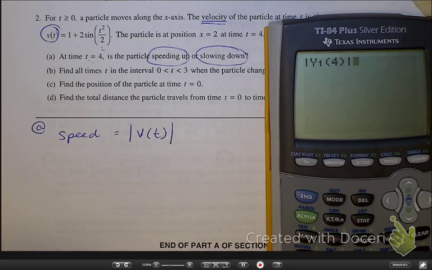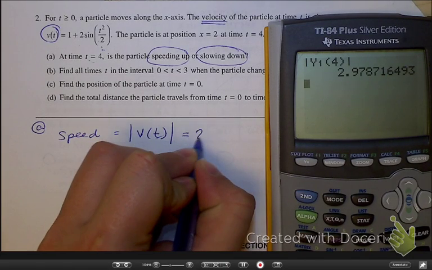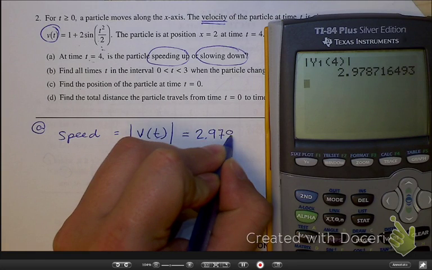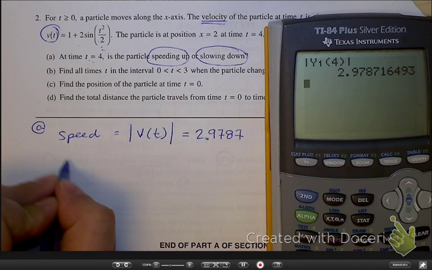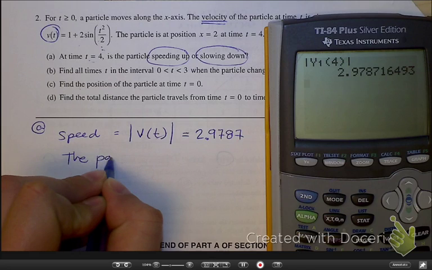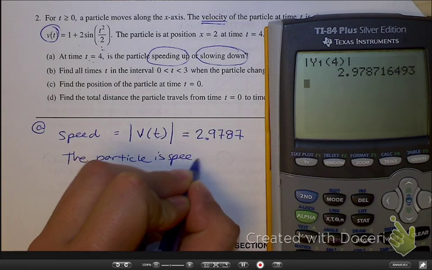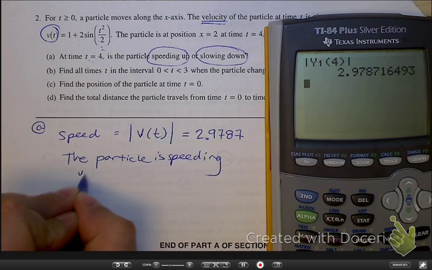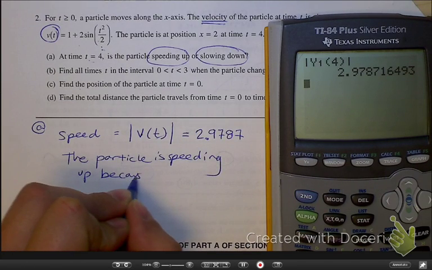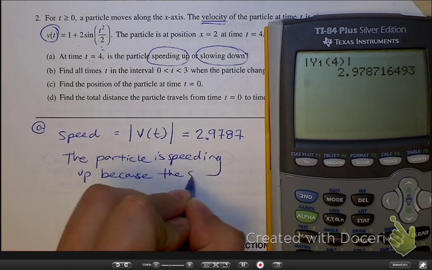If it's a negative value, it's slowing down. It's positive 2.9787, which means the particle is speeding up because the speed is positive.